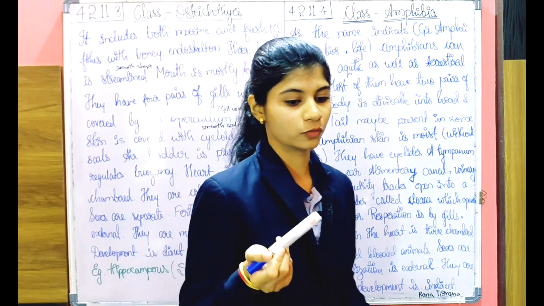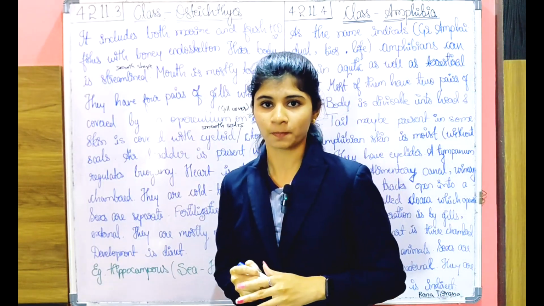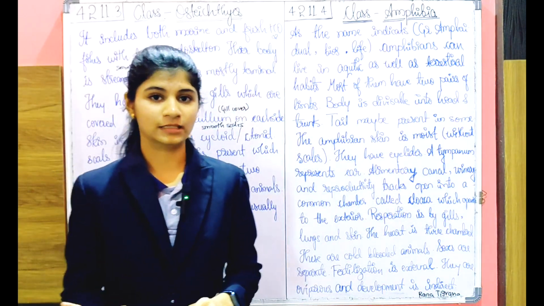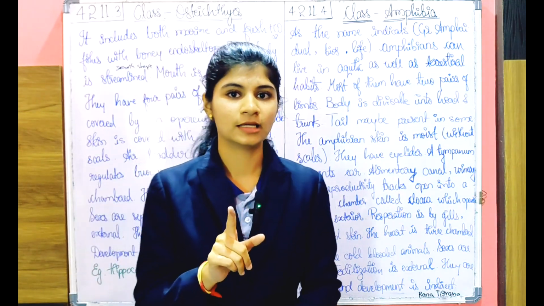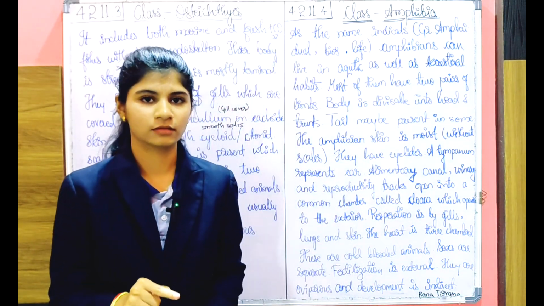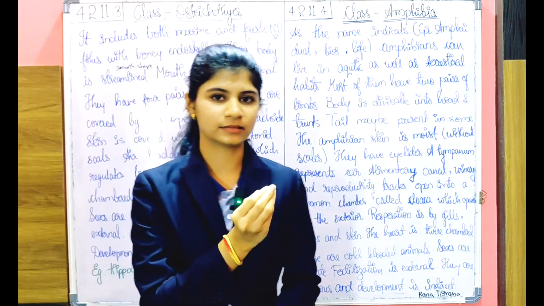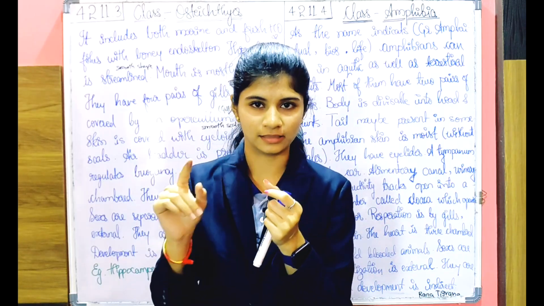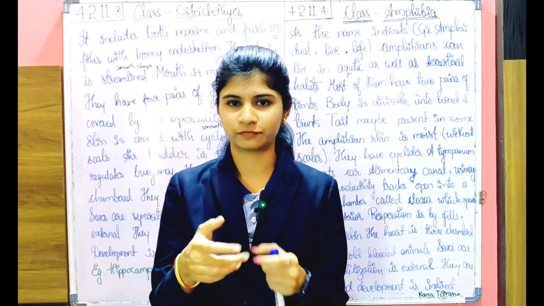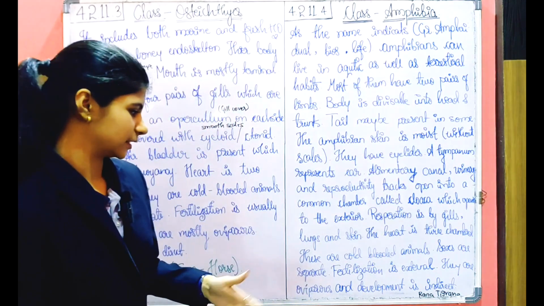Why are frogs oviparous? You might have seen the life cycle of the frog, like the butterfly life cycle. You can see it on Google. It is very interesting. First it is eggs, then it turns into a tadpole with a tail, just like fishes, and then it becomes a frog.